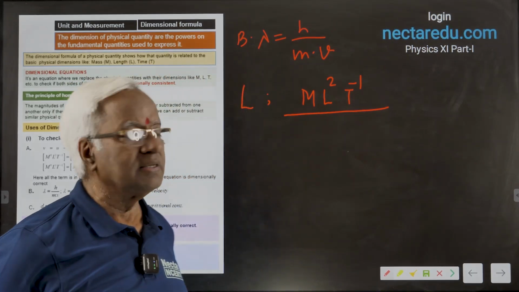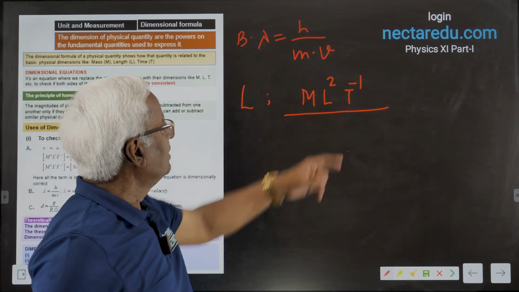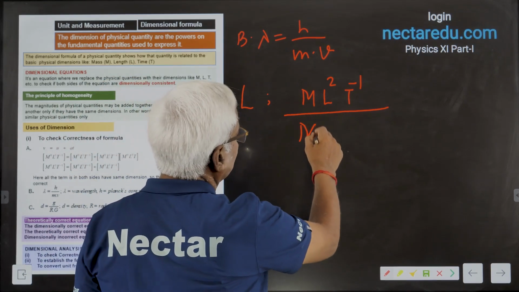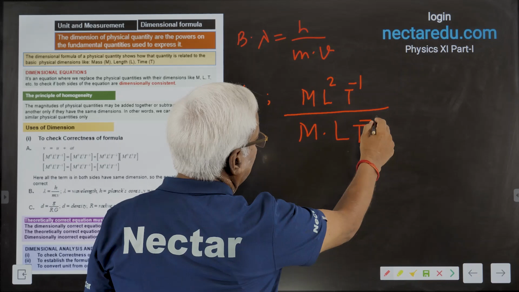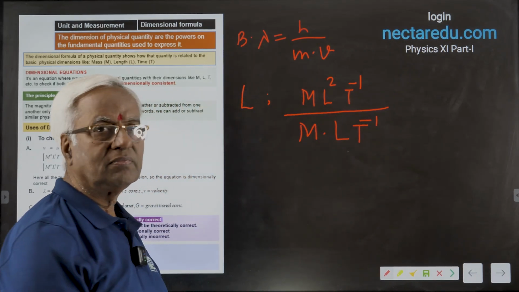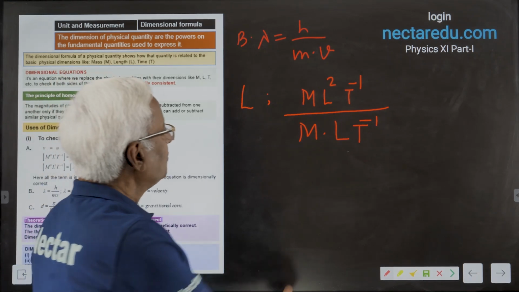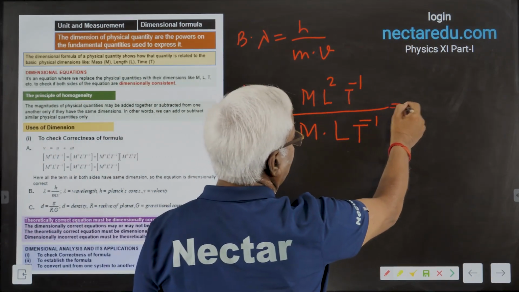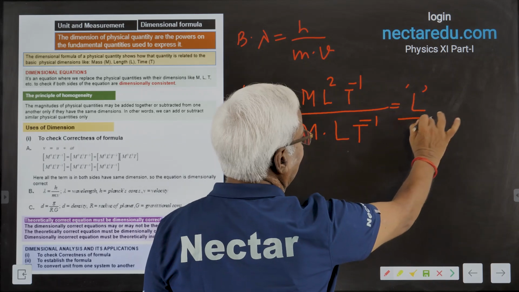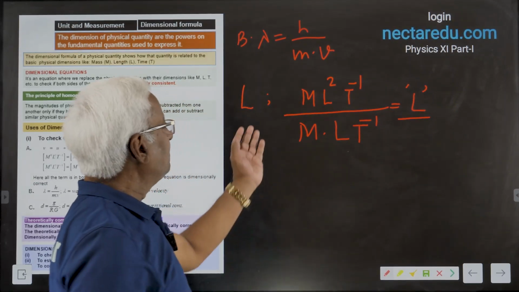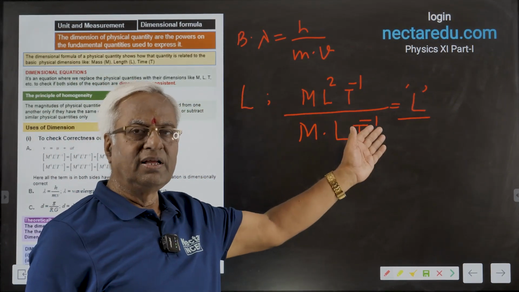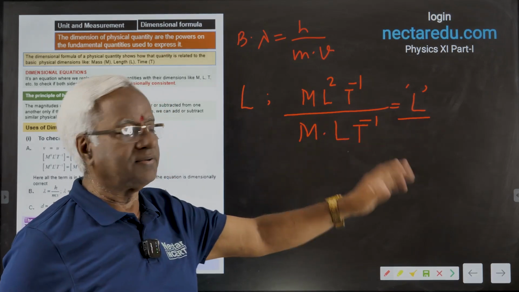Then mass and velocity, LT minus 1, distance upon time. If you solve them, finally you find on the right side L only. Means left and right sides are equal and the dimension is correct.